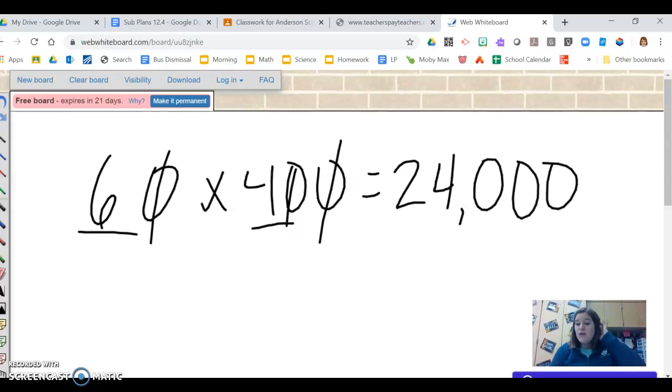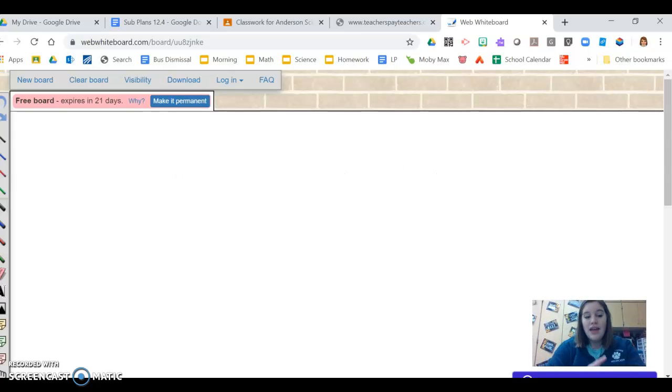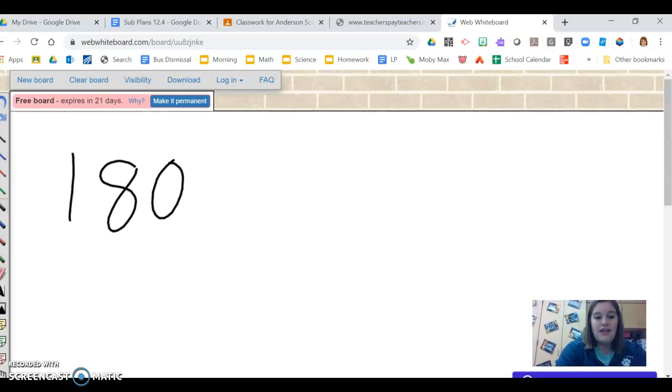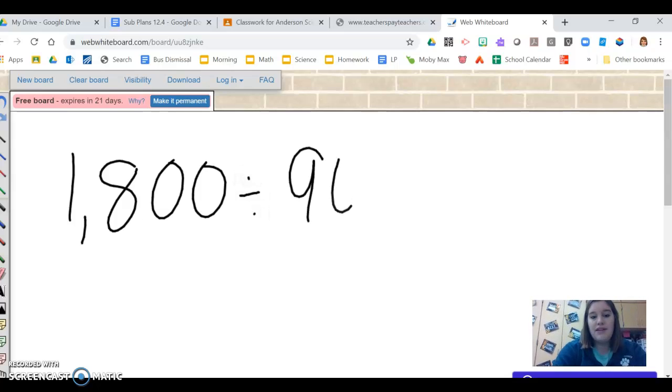Now, that's when we multiply, but we know that division is the opposite of multiplication. So instead of adding up all our zeros, it'll be a little different. This time, if we have something that looks like this, 1,800 divided by 90, we will still look for the basic fact, 18 divided by 9.